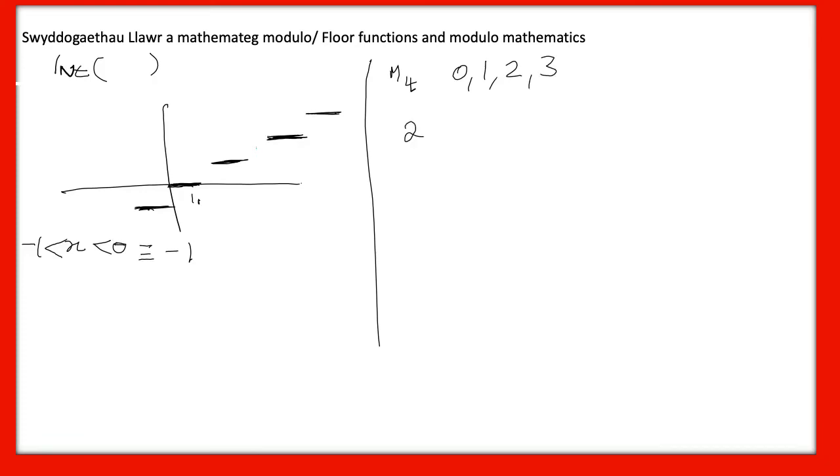So if I did 2 plus 3 mod 4, well, 2 plus 3 should be 5, but if I divide that by 4, I get once remainder 1, so I get an answer of 1. So it's a remainder technique, and it looks at just those remainders.